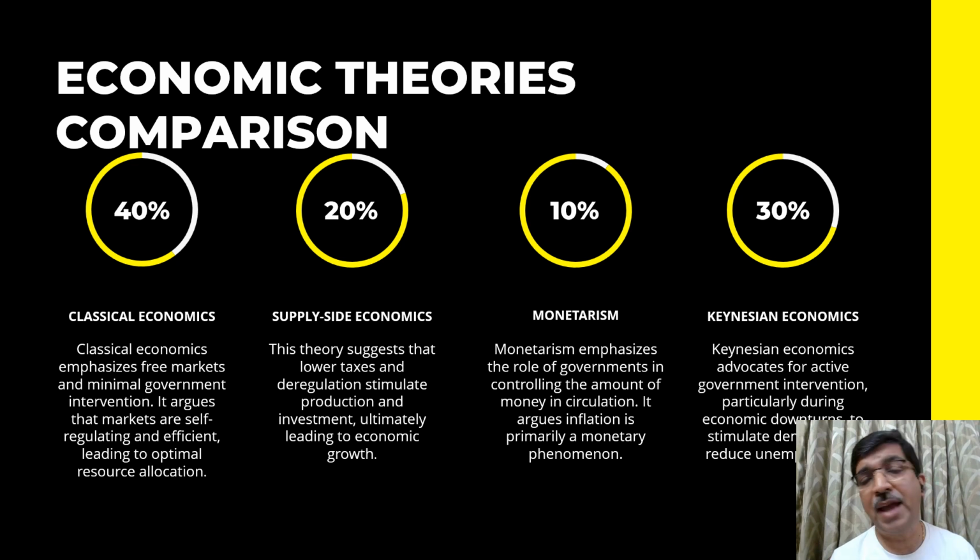Next is supply side economics. The theory suggests that lower tax rates and deregulation stimulate production and investment, ultimately leading to economic growth. And monetarism emphasizes the role of government in controlling the amount of money in circulation.